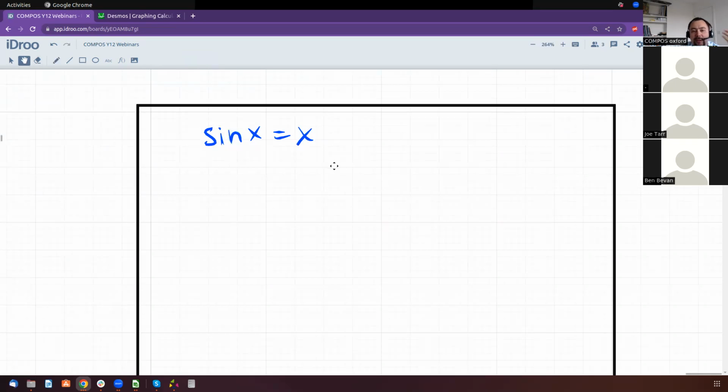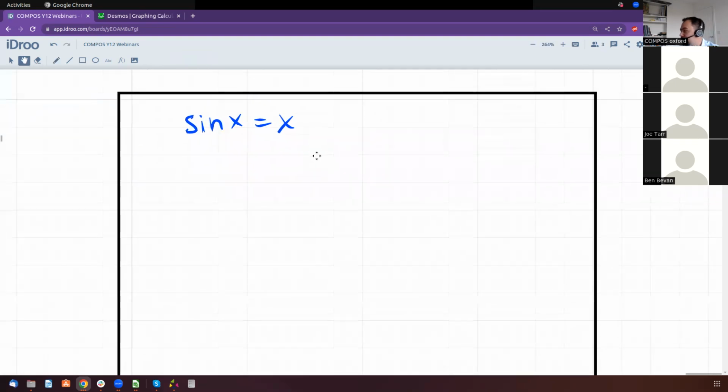There's no algebraic way of solving it. If you know one, I would be happy to hear it. Can somebody give me the answer? Can somebody solve this equation?